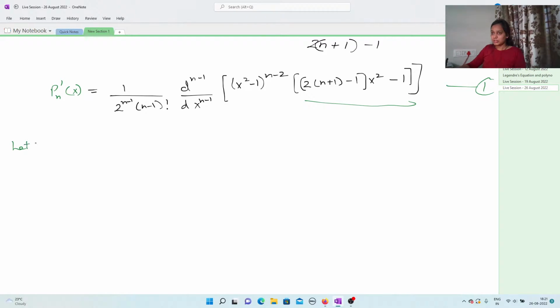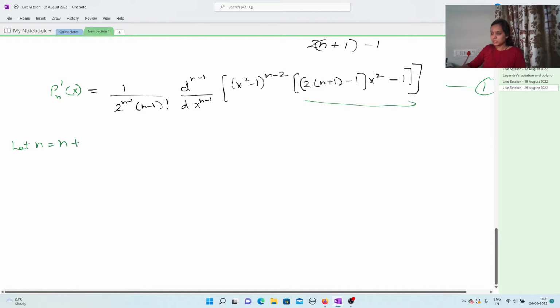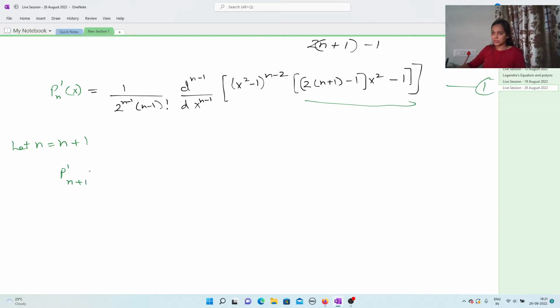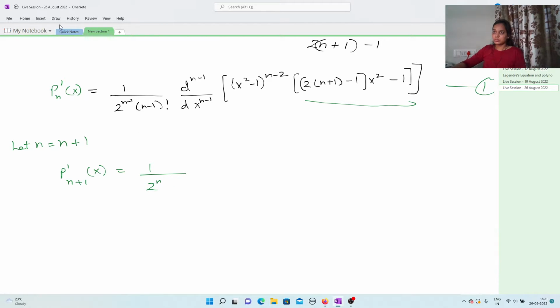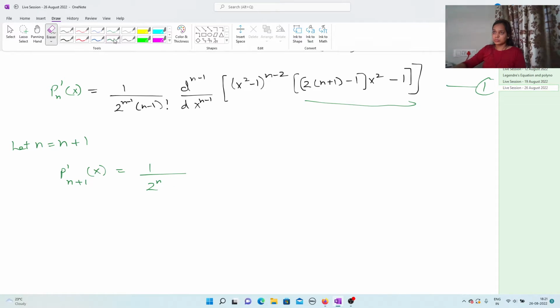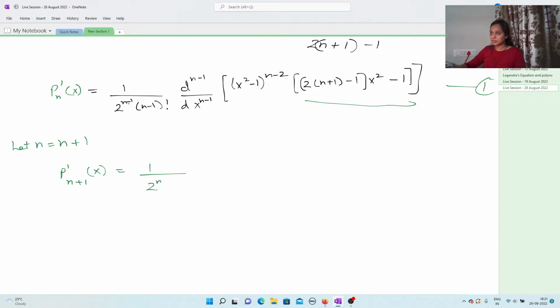Now let n equal to n plus 1. So this will become P dash n plus 1 of x equal to 1 over 2 to the power n, because this is replaced, into n factorial, d n over dx n.